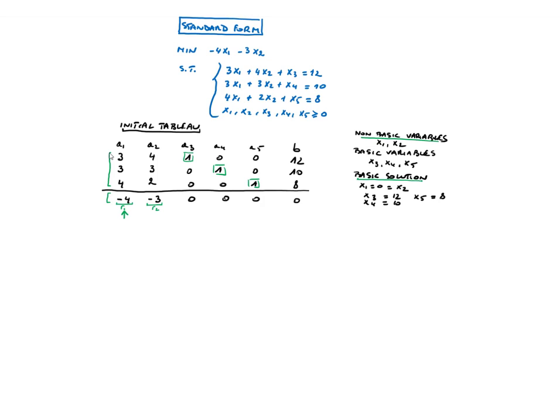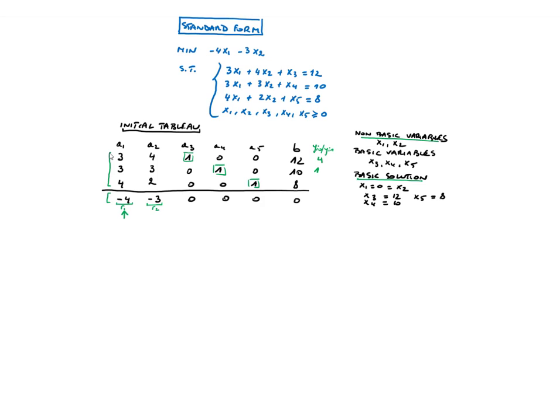So let's write it. It's yi0 divided by yi1, because the variable x1 is going to enter the base. So 12 divided by 3 is 4. This one over here, 10 divided by the corresponding element in the first column, 3.